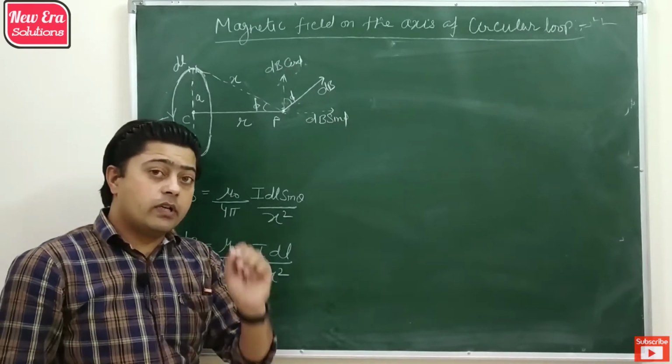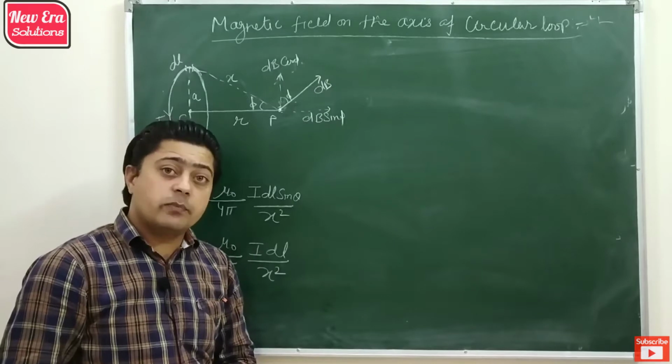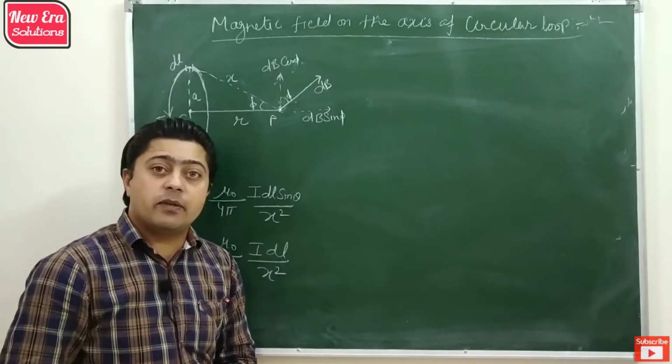Now as we know, in a circular loop there is always a diametrically opposite point for each and every point.